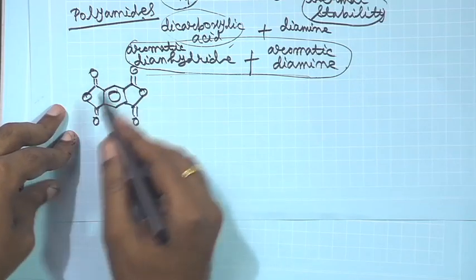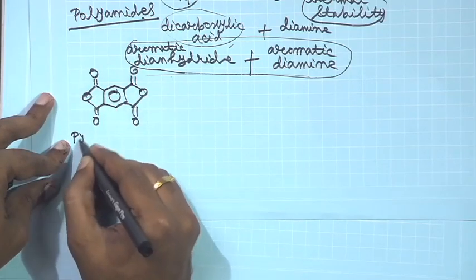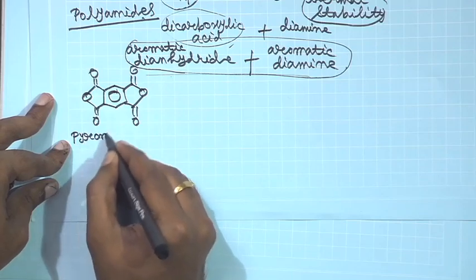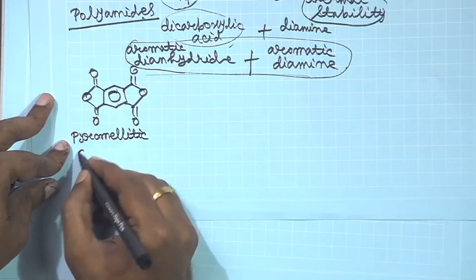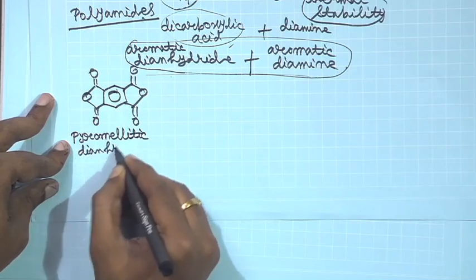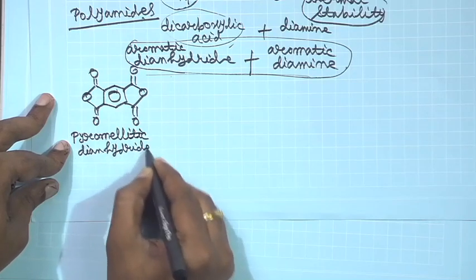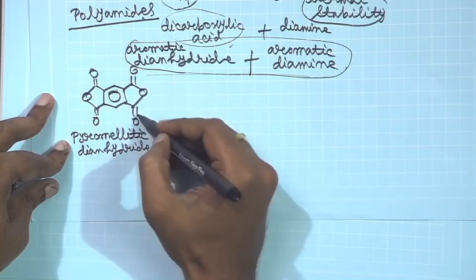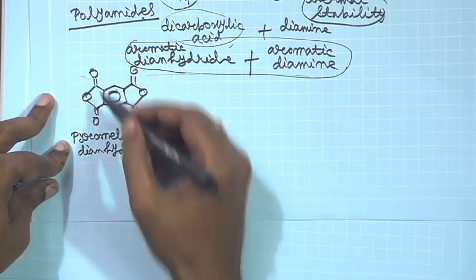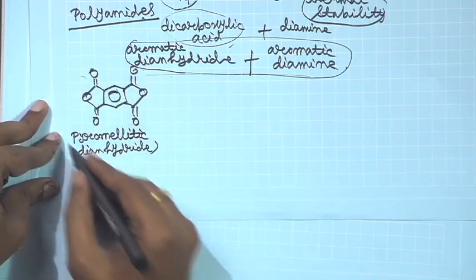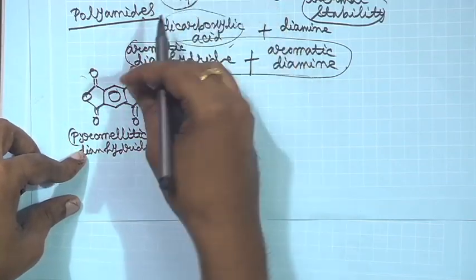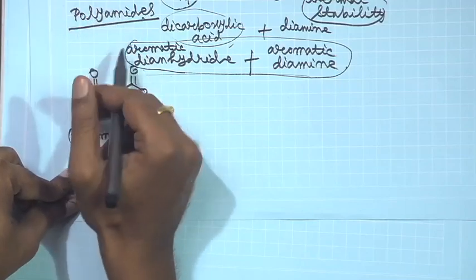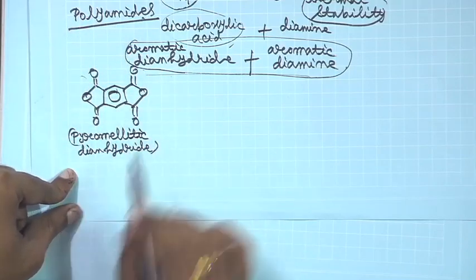This is called pyromellitic dianhydride, because the corresponding acid, which is CO2H, CO2H, CO2H, CO2H, is pyromellitic acid. So, this is pyromellitic dianhydride, because here one molecule of water is gone and then you can have this ring, and here also one molecule of water is gone and then you can have this ring.